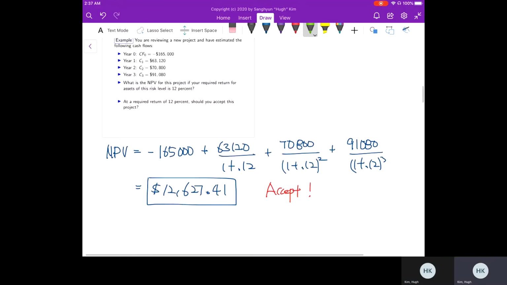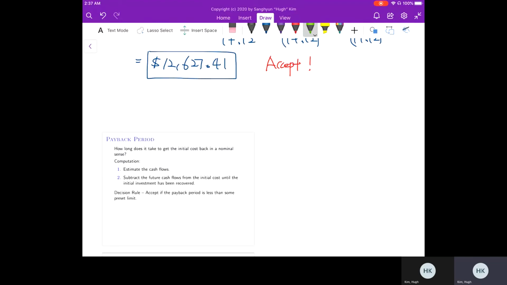So the next capital budgeting decision rule we're going to study is based on the payback period. This rule asks how long it takes to get the initial cost back in a nominal sense. In other words, how long does it take for the project to pay itself back?